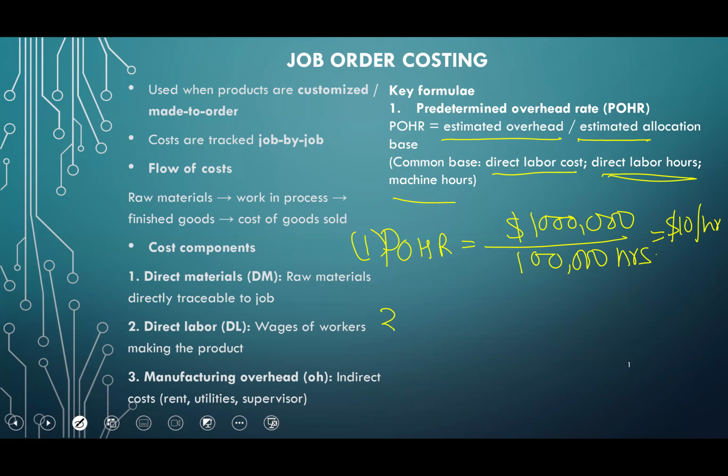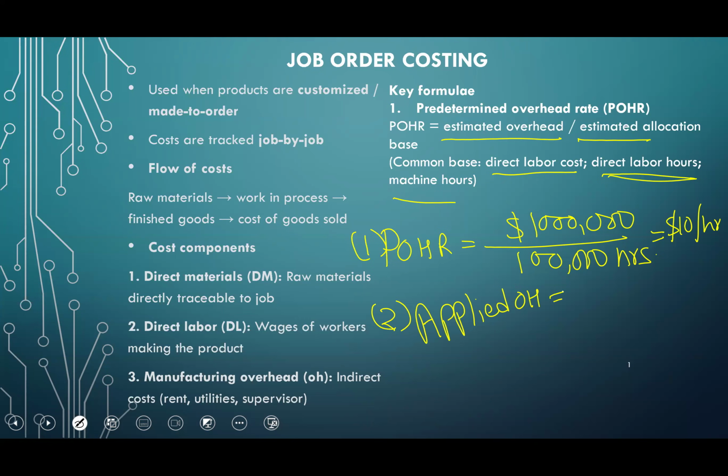The second step is now a patient has come, he has taken the treatment, and we are ready to give him a bill. How do we give him a bill? Remember, we can't give him an actual overhead bill, so we have to give him an applied overhead bill. How do we apply overhead?